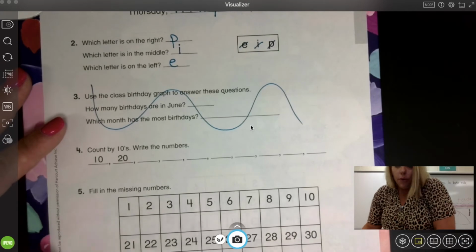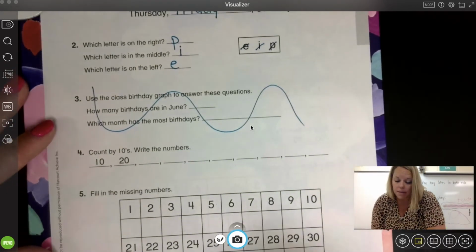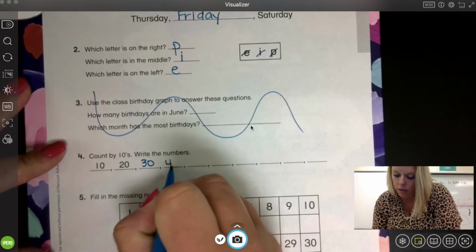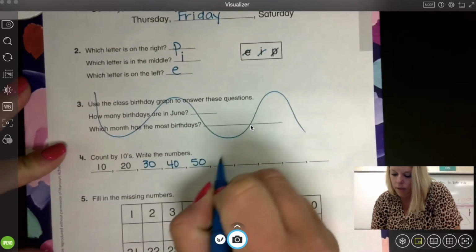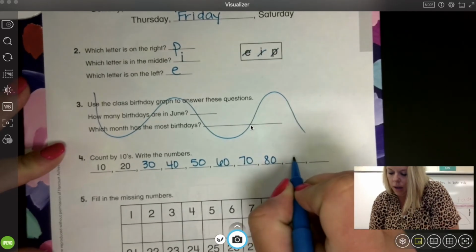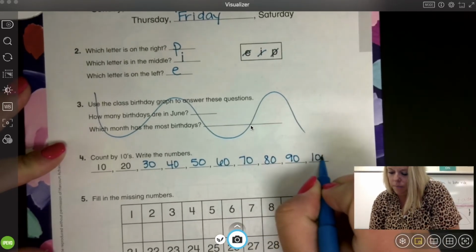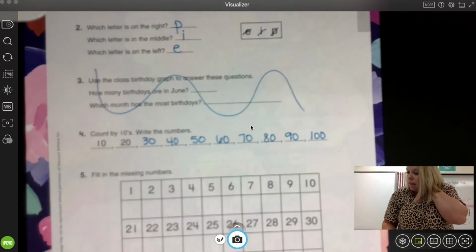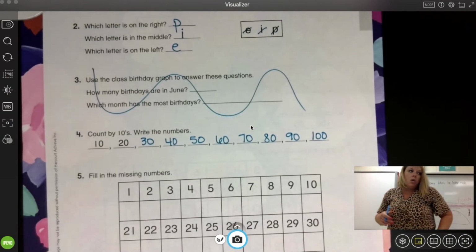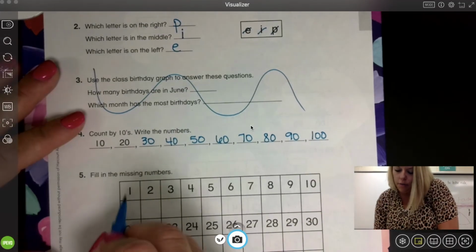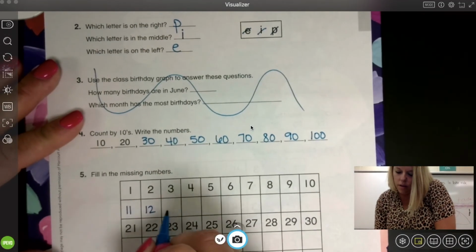Go to number 4. Number 4, we're counting by tens. 10, 20, 30, 40, 50, 60, 70, 80, 90, and 100. And then number 5 is asking us to fill in the missing numbers. You can go ahead and use your 100 numbers chart on the back of your red folder if you want to fill this part in.